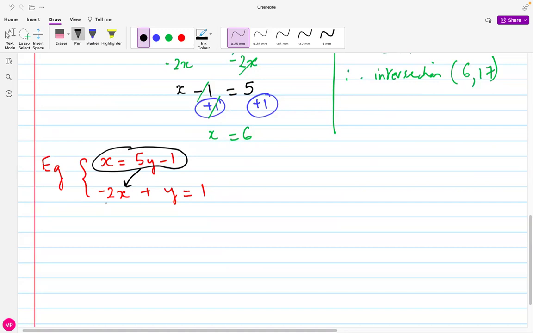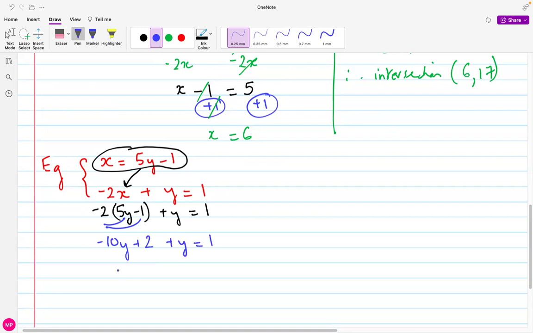So instead of writing negative 2x, you're going to write negative 2, and then the letter x, you're going to replace with 5y minus 1, like that. And then plus y equal 1. And then you can solve from here for y. You will get negative 10y plus 2 plus y equal 1.